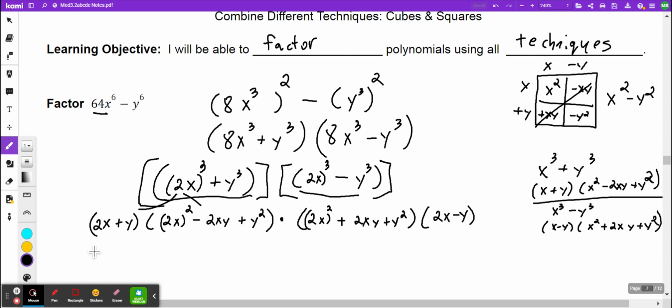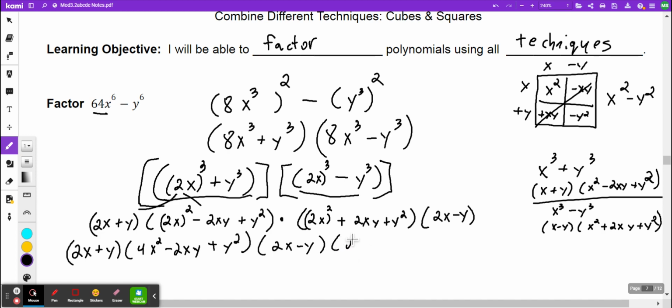So if I was actually to rewrite it correctly, I have 2x plus y times 4x squared minus 2xy plus y squared. And then this is going to multiply by 2x minus y, and then we're going to multiply it by 4x squared plus 2xy plus y squared.